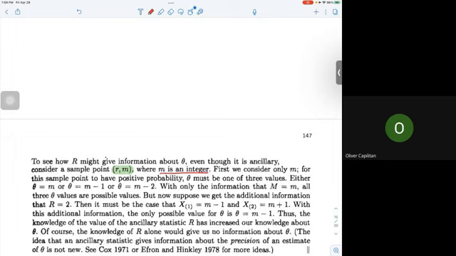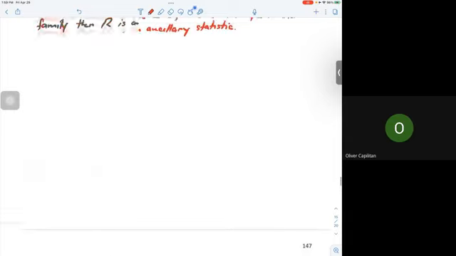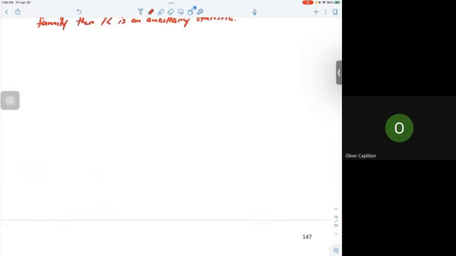Given M, we consider only M. For this sample point to have a positive probability, theta must be one of the three values. Either theta is equal to M, or theta is equal to M minus 1, or theta is equal to M minus 2. So how are we going to show that one? Dito ko na isulat, no?